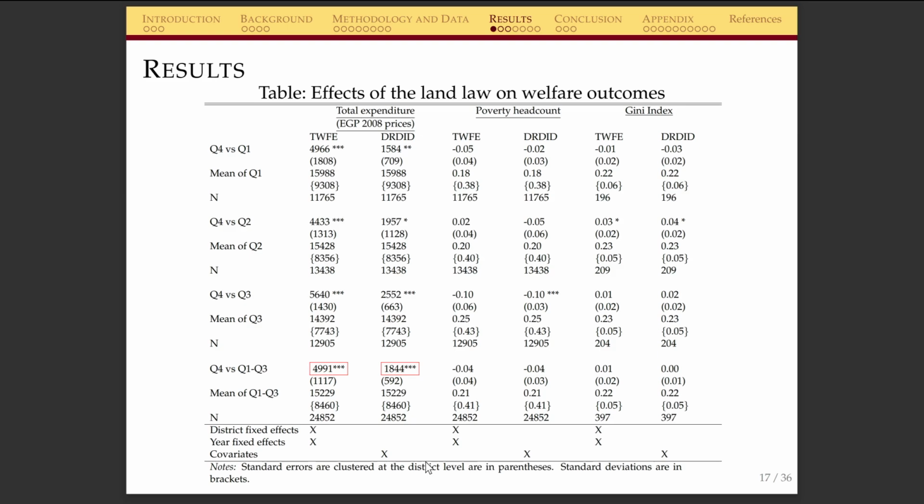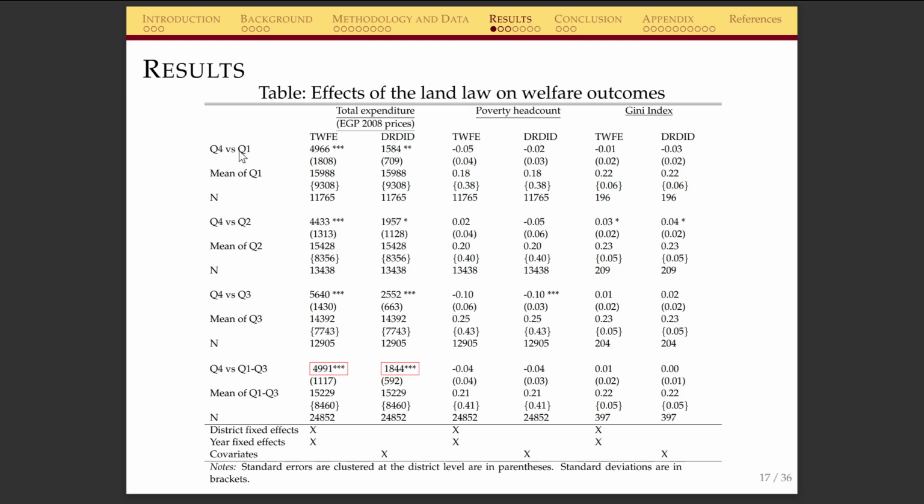So what do I find? First I'm going to explain the structure of my tables, because they're a lot to take in. On the columns, I'll be showing the two-way fixed effect coefficients and the W-robust difference in difference for each outcome. On the rows, I'm showing the comparison between the different comparison groups.